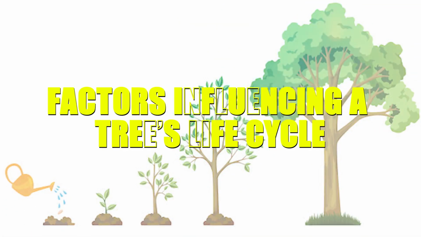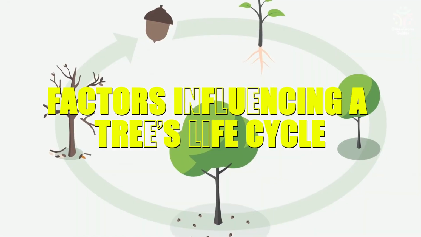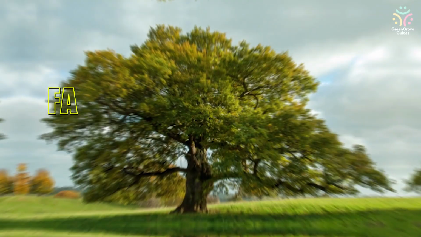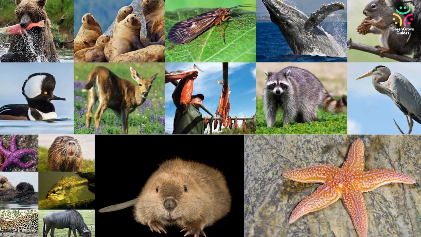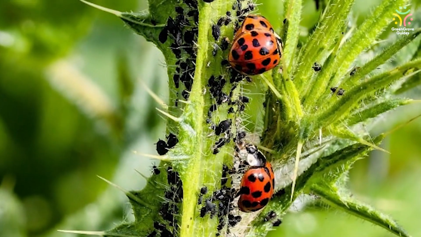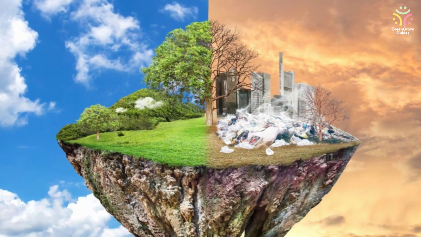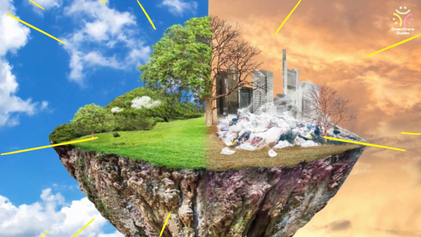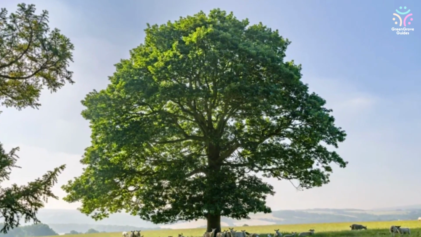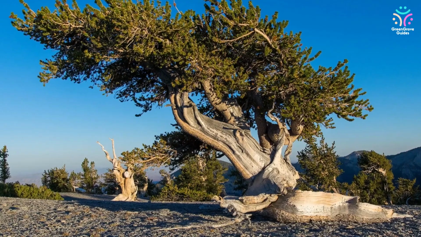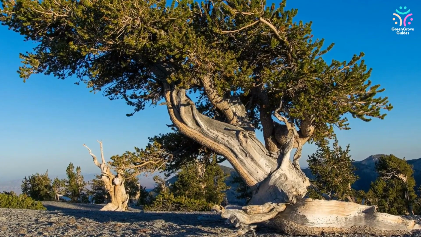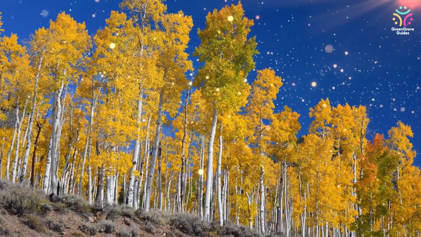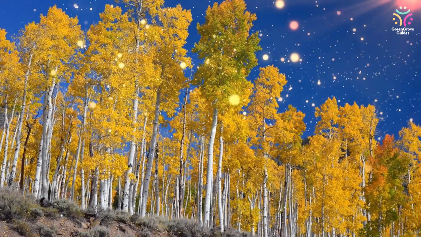Factors influencing a tree's life cycle. A tree's development, health, and longevity can be influenced by a variety of factors, including species characteristics, pests and diseases, and climate and environment. Tree species have different lifespans and growth trends. Some trees, such as the bristlecone pine, can live for thousands of years, while others, such as the aspen, have a much shorter lifespan.